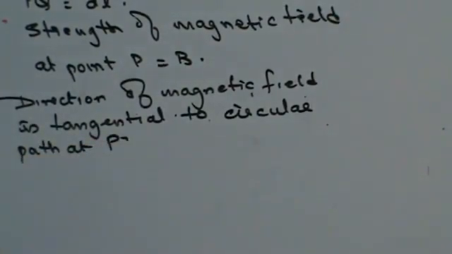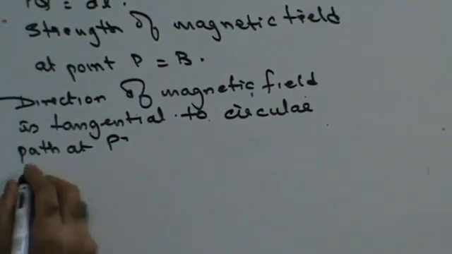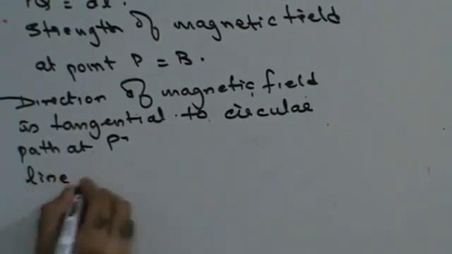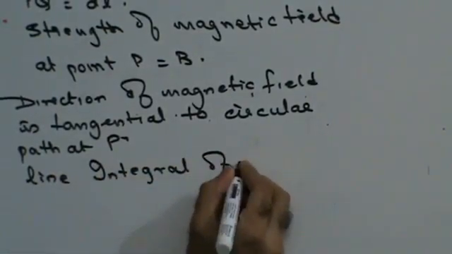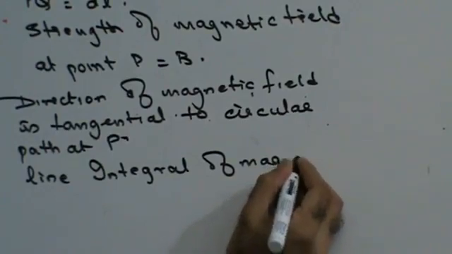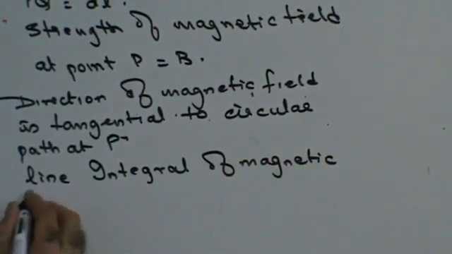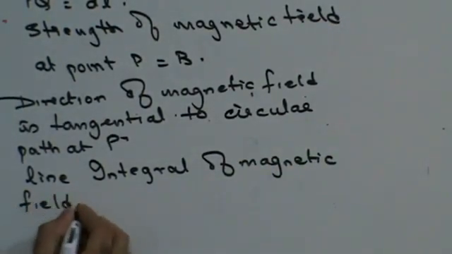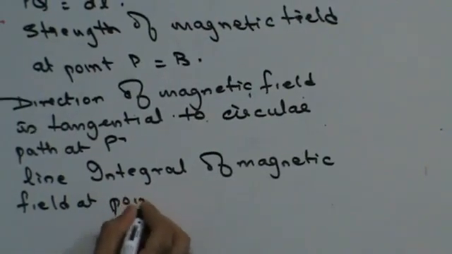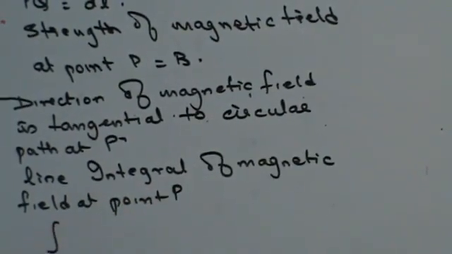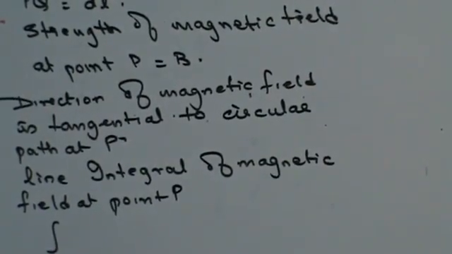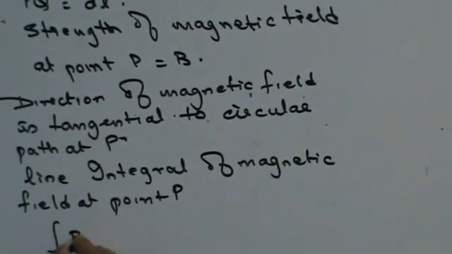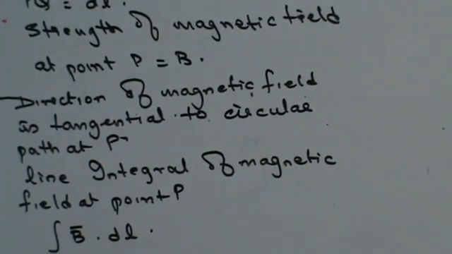Therefore, what will be the line integral of the magnetic field at point P? I want to find out B vector dot dl vector.